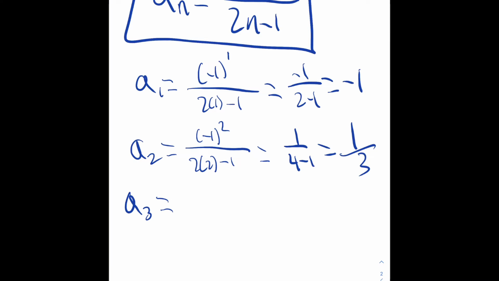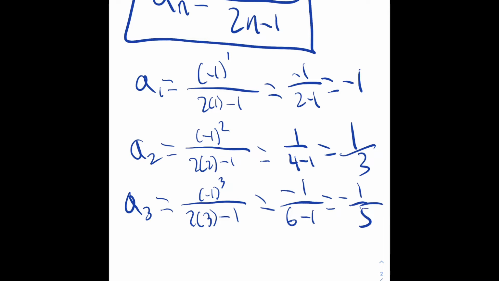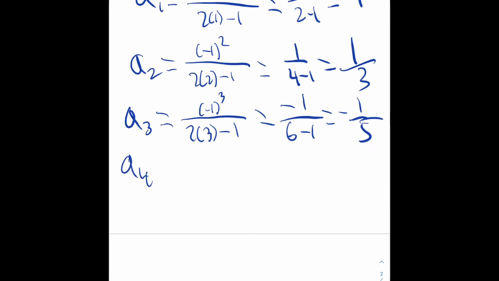A sub 3 equals negative 1 to the third over 2 times 3 minus 1. 1/5. Fourth term, negative 1 to the fourth power. So while this one is kind of similar to our last example, it's slightly different because it's repeating, but it's also getting smaller.